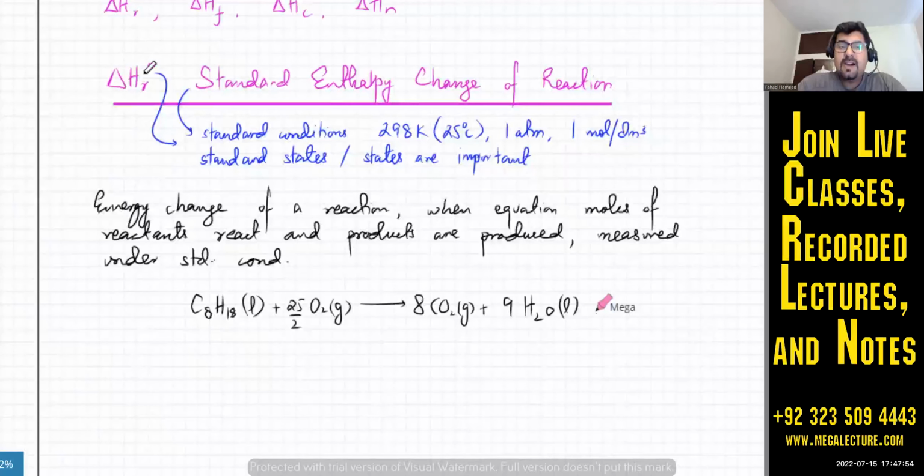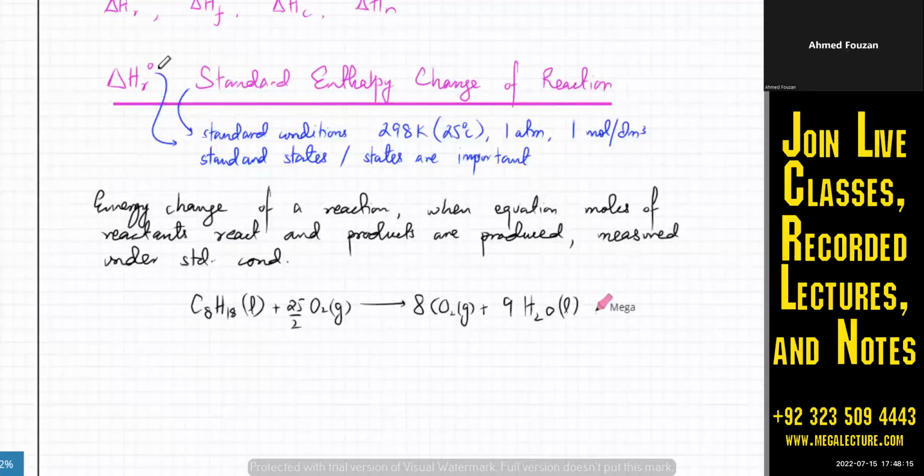But when an R is written next to it, that means this enthalpy change is specifically for the moles that are given in the equation. You burnt 1 mole of octane, a certain amount of heat is produced, and that heat energy would be called the enthalpy change of reaction. Is that clear? Did you understand?